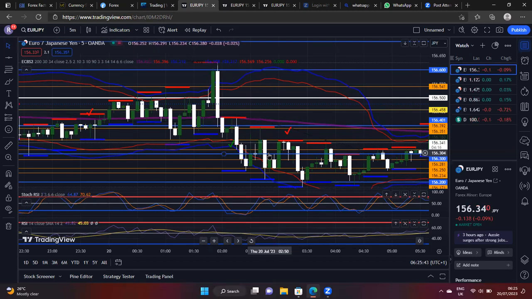The first indicator I use is the stochastic. Stochastic is on the chart; I dropped it on this platform. I also use what I call stochastic RSI.